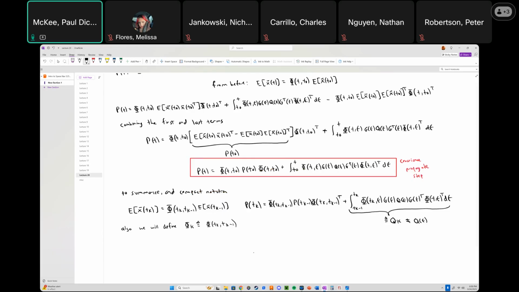Okay. So now we can say, and this is the one to really write down in a box, that the expected value of x at some time tk, which remember, we don't track our state, we just track our best guess of our state, so this is our state propagate, is just going to be phi k times the expected value of x at tk minus 1.